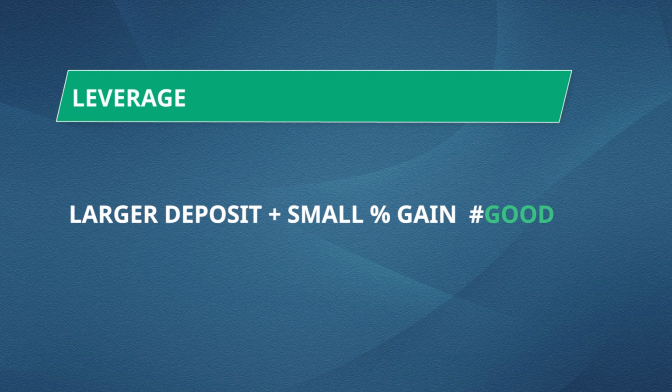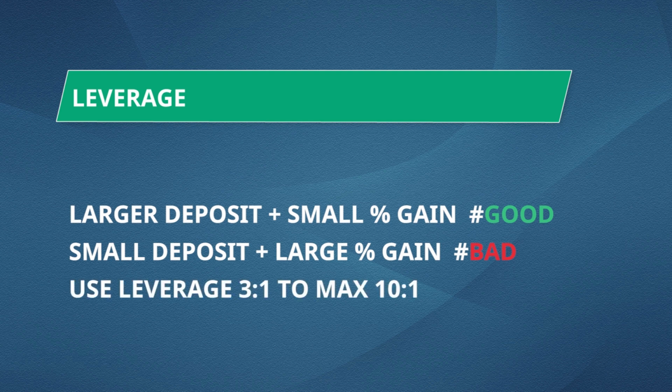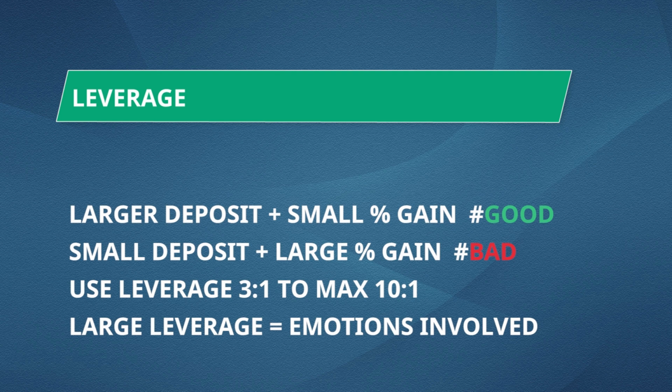The problem is that traders with small deposits, hoping to gain a large percentage of profit, usually end up with the opposite outcome, that is, losing their entire deposit. It is advisable to use leverage from 3 to 1 to 10 to 1. Using greater leverage is riskier and will often involve counterproductive emotions during trading.